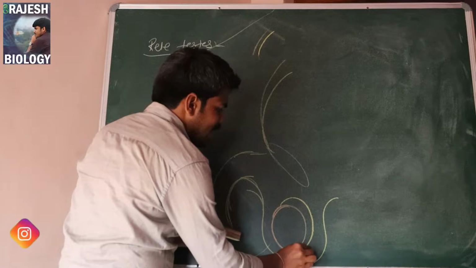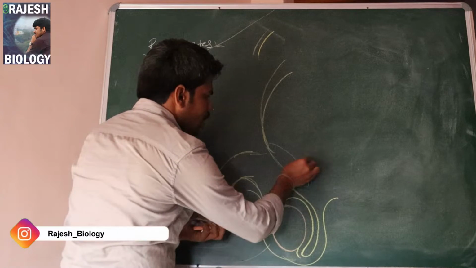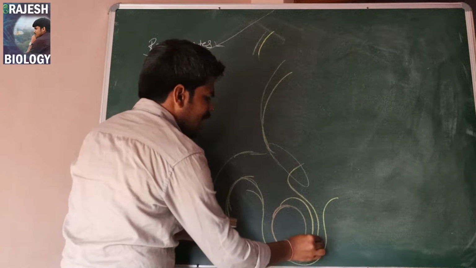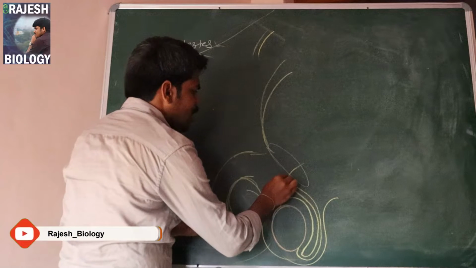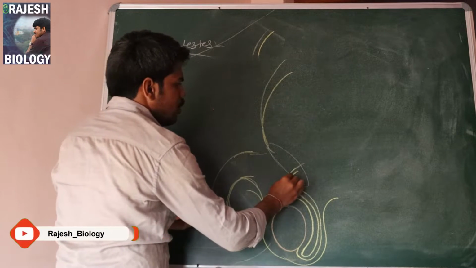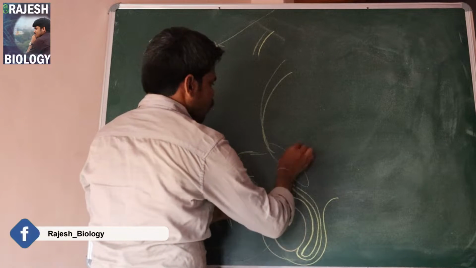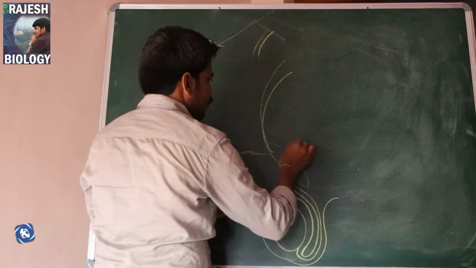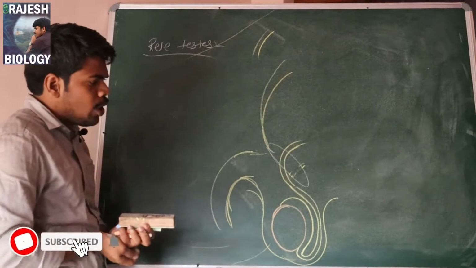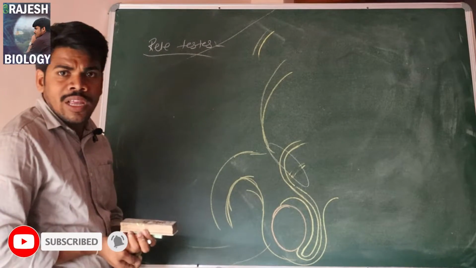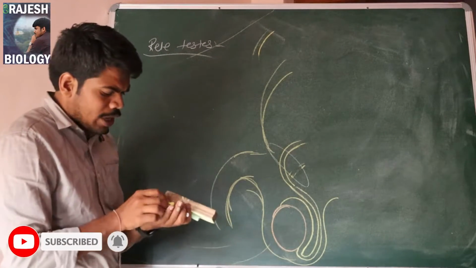This epididymis leaves the scrotum and enters into the abdominal cavity through the inguinal canal. So I will show like this. And it enters into the abdominal cavity through the inguinal canal, and it loops over the urinary bladder.